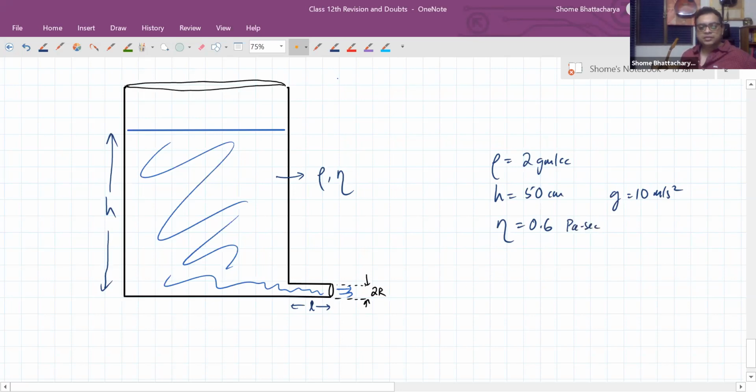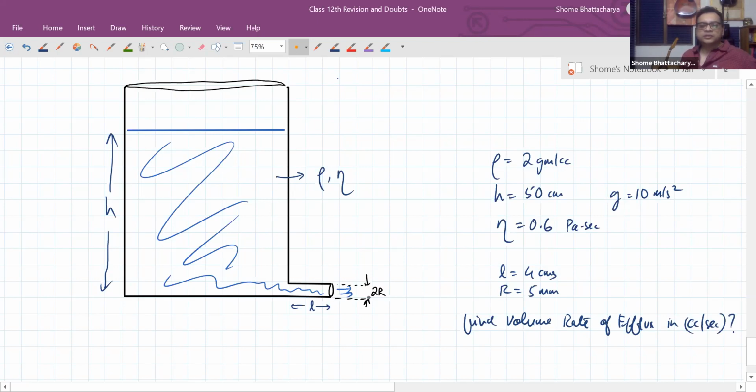And the capillary below has a length of, let us say, 4 centimeters and a radius of 5 millimeters. So we have to find the volume rate of efflux, in let's say cc per second, cubic centimeters per second.